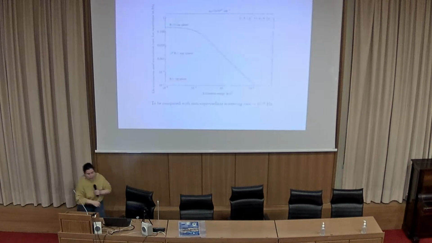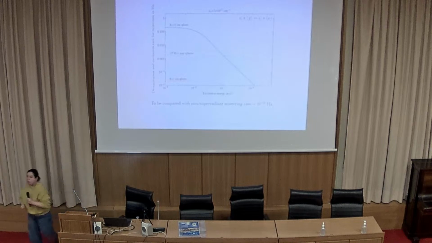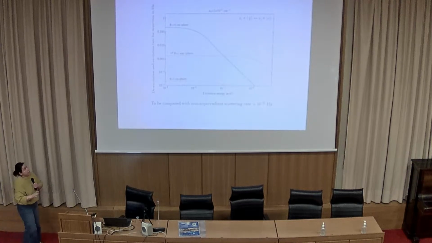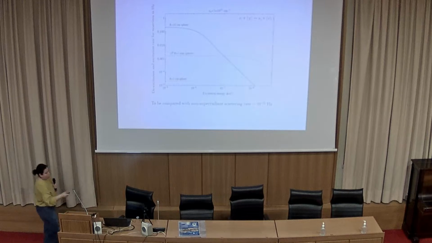And for the numbers that we took, we assume a size of 10 centimeters. So this is an object that's this big. Okay? And with liquid or solid state density of spins, these are the rates that you get.